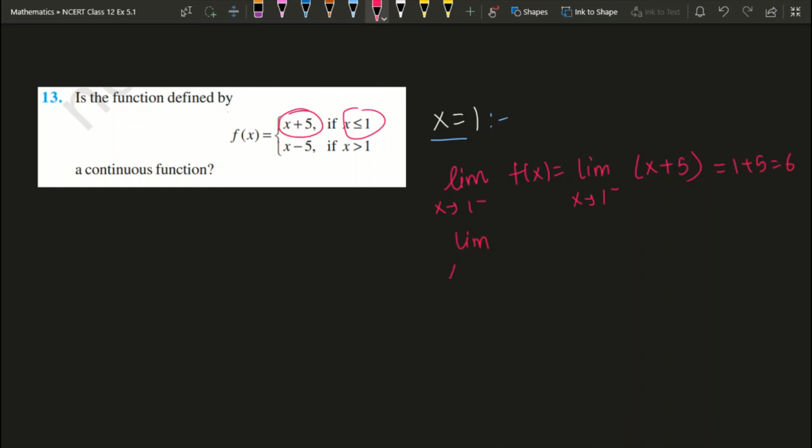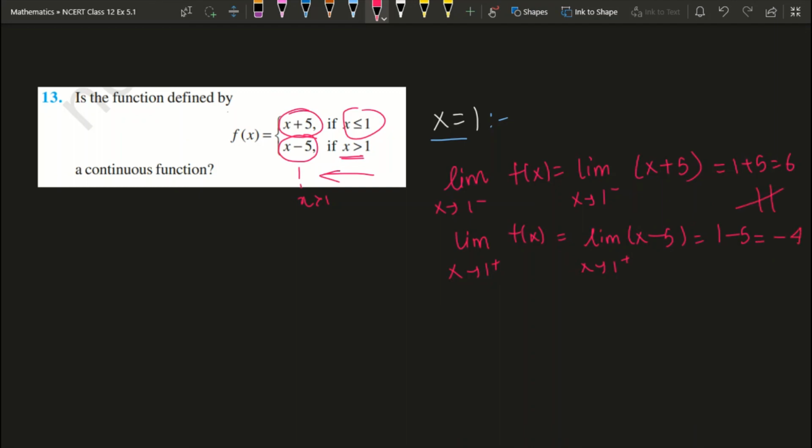If you approach from the right hand side, then limit of f of x as x approaches from the right hand side is equivalent to writing limit as x approaches 1 from the right hand side for x minus 5, because approaching from the right hand side means that x is a bit greater than 1. So x minus 5, and so 1 minus 5, it's equal to negative 4.